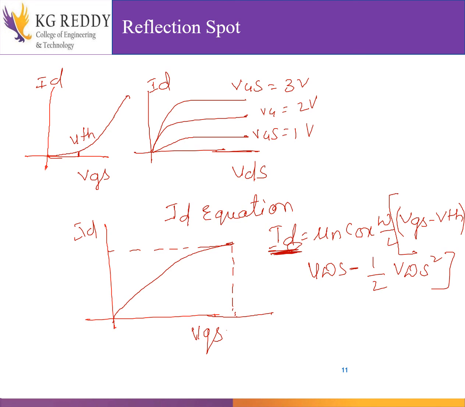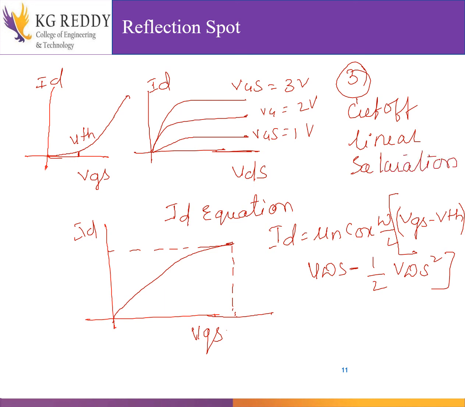Yes, as I said, this is the current equation, and these are the current characteristics. As discussed earlier, we have three modes of operation: cutoff, linear, and saturation.